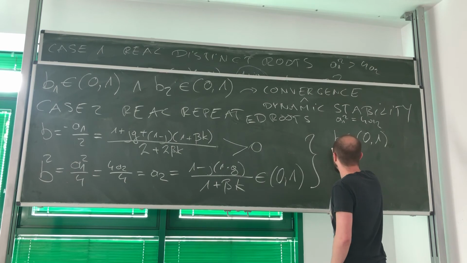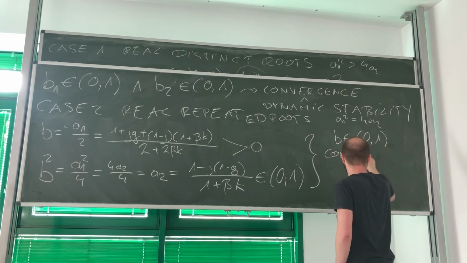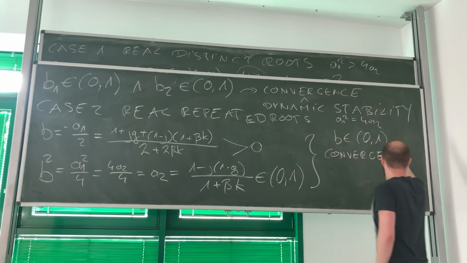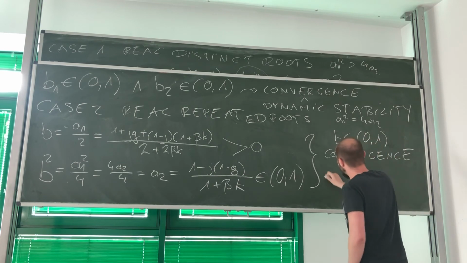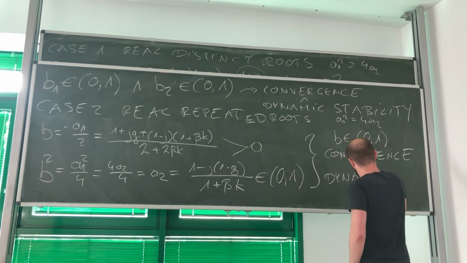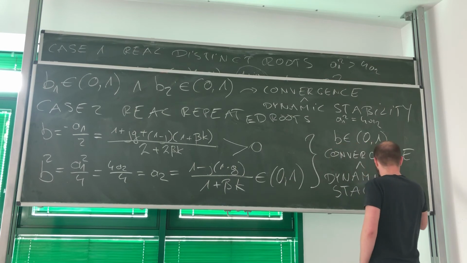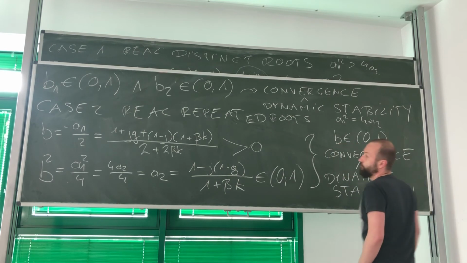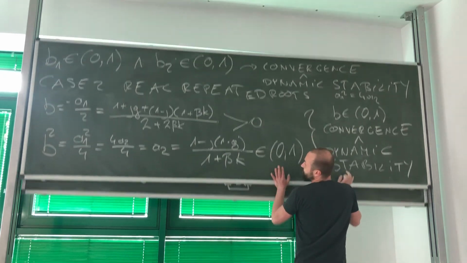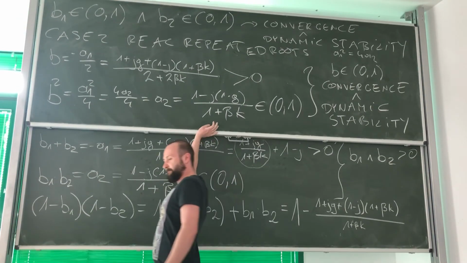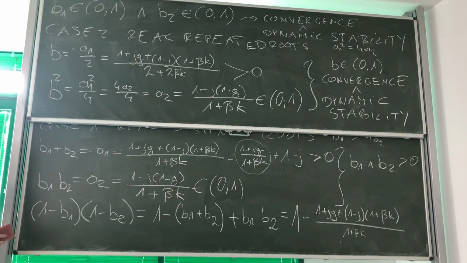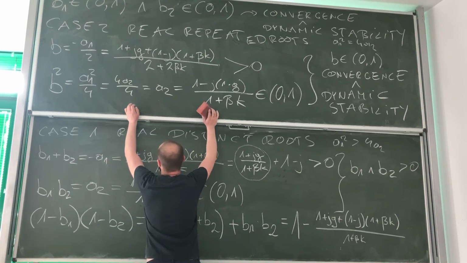So again, we have convergence and dynamic stability of equilibrium. Okay, so finally, we need to deal with the simplest possible case.